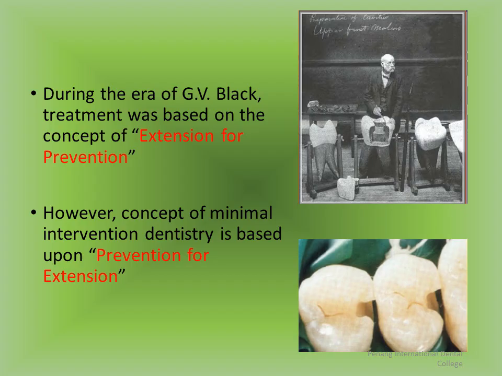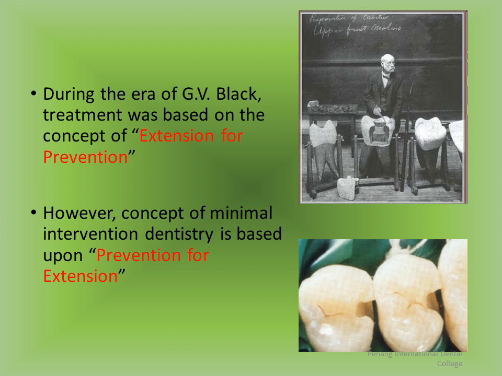Okay, so let's begin. Like I was saying, during the era of GV Black, there wasn't any dental material available which could actually prevent tooth decay and which could bond to the tooth structure, because of which GV Black had no option but to preach the concept of extension for prevention.